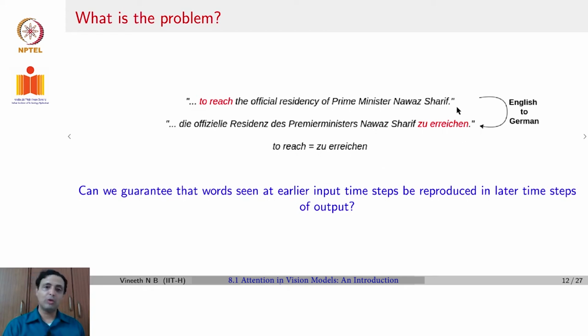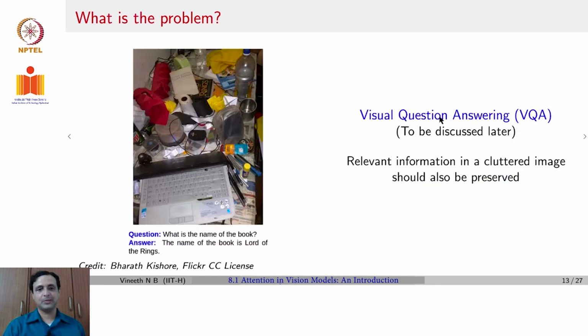Remember, when you go from a language such as English to a language such as German, the position of the verbs and the nouns may all change, and to reproduce this, one may have to get a word much earlier in the sentence in English, which may follow much later in, say, the German language. Is this possible? Unfortunately, RNNs don't work that well when you have such long sequences.